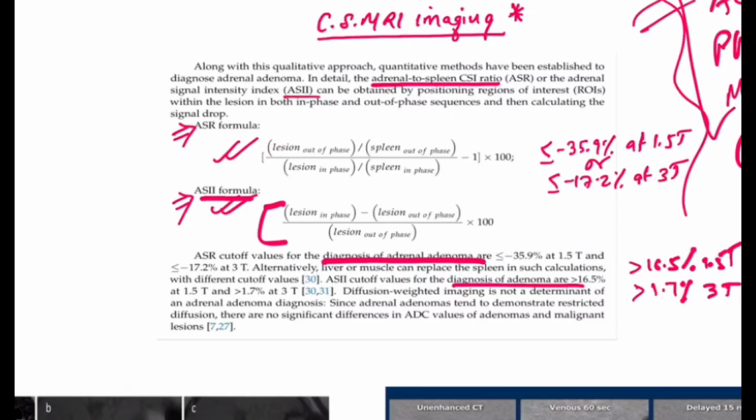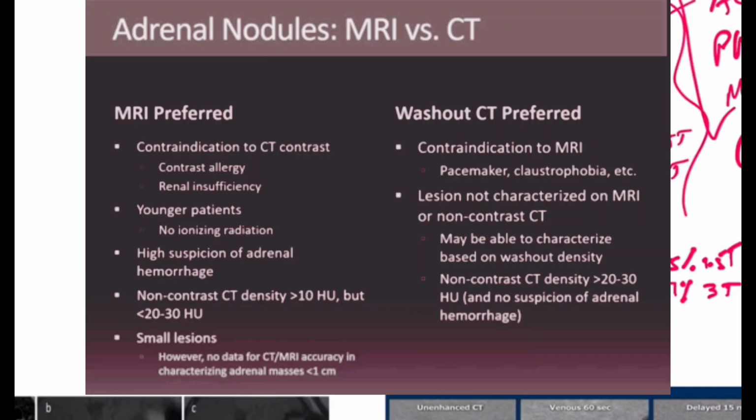When to prefer what is also a question: when you should do the CT washout protocol and when you should do chemical shift MR imaging. MRI is preferred whenever there are contraindications to CT contrast, for example contrast allergy, renal insufficiency, or very young patients where no ionizing radiation should be used.